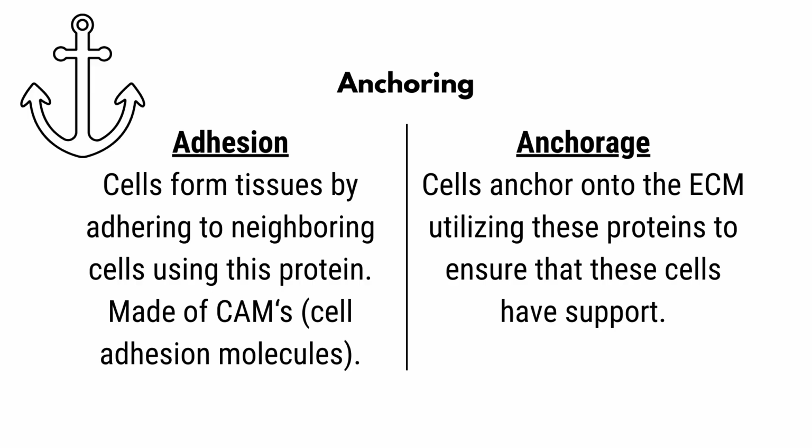They're made out of cell adhesion molecules, and these CAMs, as they call them, are embedded within the plasma membrane to bind cells with other cells, or even with the ECM, which is the extracellular matrix. However, more for the ECM are the anchorage proteins that allow cells to anchor onto these ECMs. And this allows the cells to have support, and if it doesn't have any other cells nearby, it allows it to anchor in place.